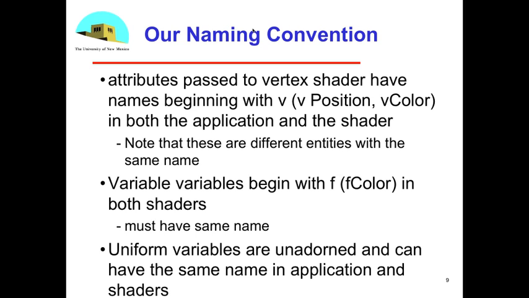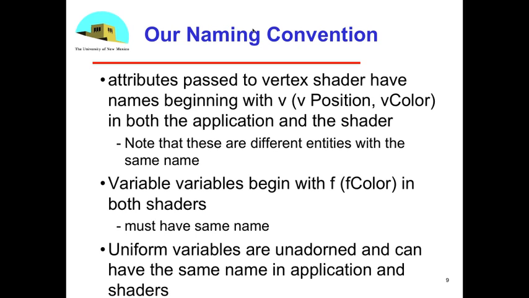Now remember, because the vertex shader and the fragment shader share the same namespace for variables, they'll be called F color, for example, in both shaders, but at least you will know in the vertex shader that it's something that's going out to the fragment shader. We decided to not put anything in front of uniform variables. The good part of this is it tells you where things are actually being used, but you have the same name in two different places.